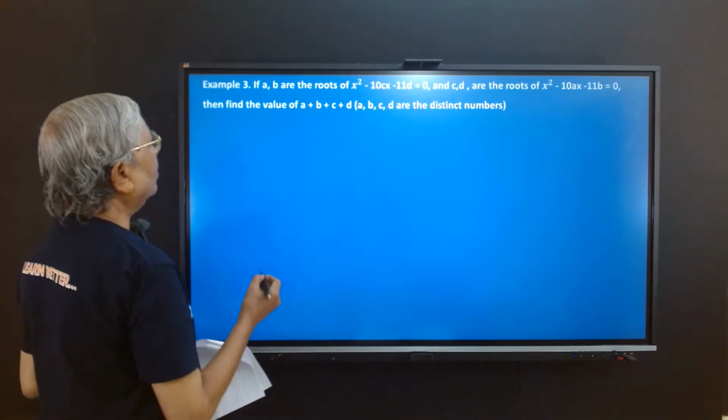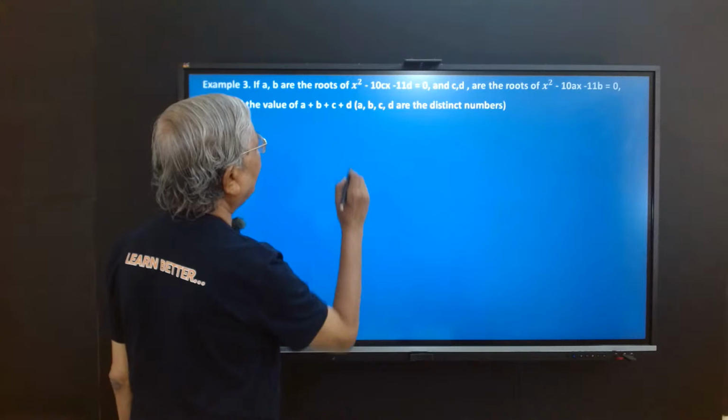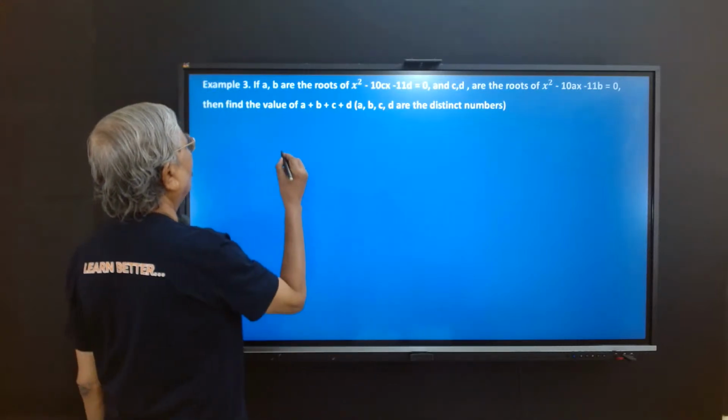a, b are the roots of the equation x square minus 10cx minus 11d equals to 0.